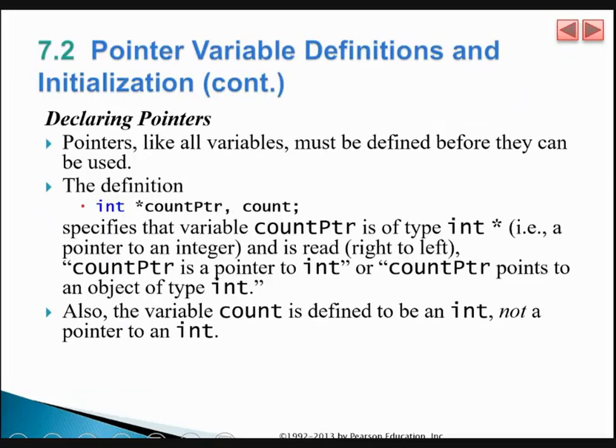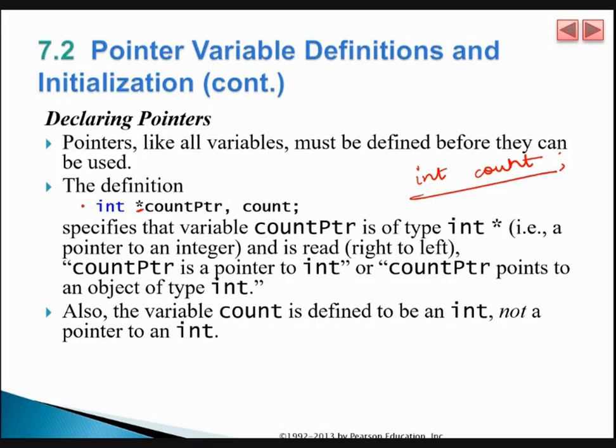Okay, now how can we declare and initialize a pointer variable? A normal variable is declared in this way: we put int count. Okay, this is the declaration of a normal variable. Whenever you want to declare a pointer type variable, just put an asterisk sign before the variable name.